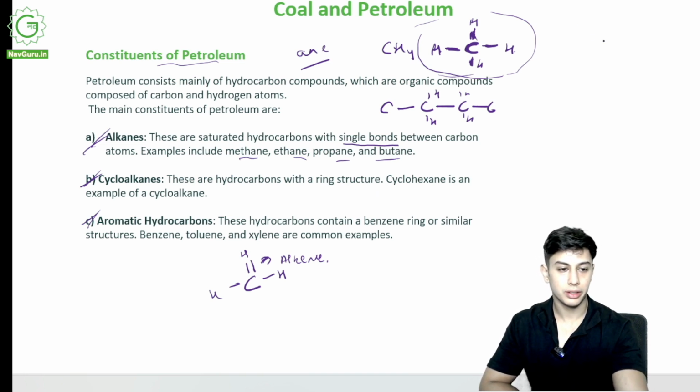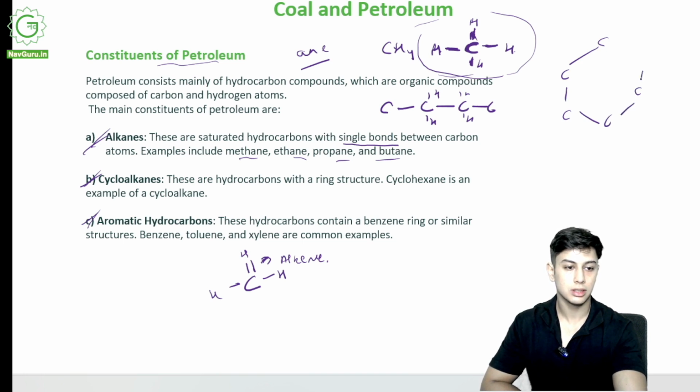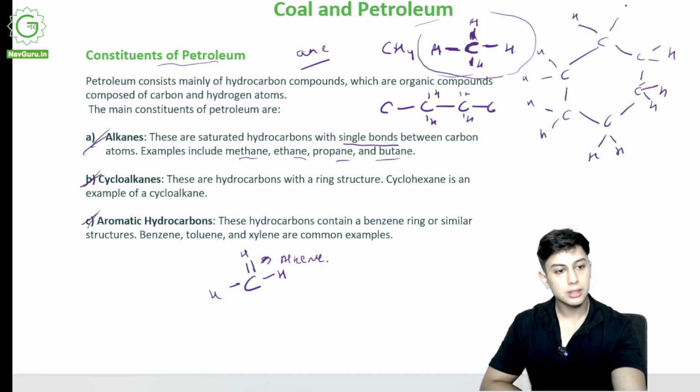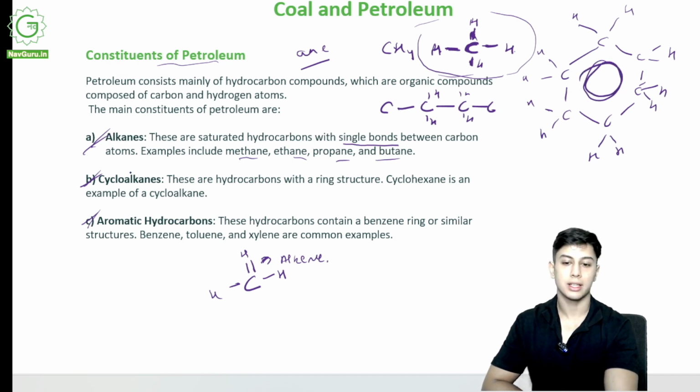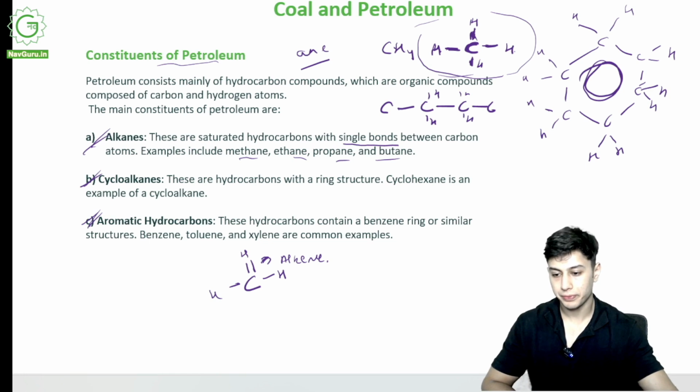So when C, C, C, C, C are attached to H, you need not learn this, but since this is a ring structure, it is called a cycloalkane. So just remember the names: alkanes, cycloalkanes, aromatic hydrocarbons. These are what constitute petroleum.